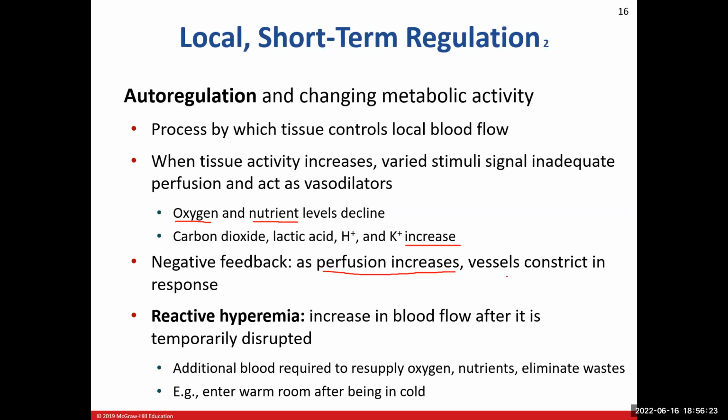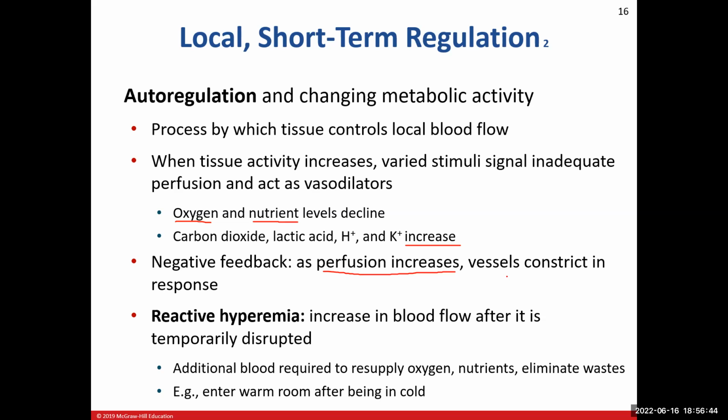Look at your thumbnail and then press down on your thumbnail for about 10 seconds and then release it. Now you'll notice initially when you take your finger away from the thumbnail, it looks white or light in color. Then immediately it turns red. This is what reactive hyperemia is, a small example of it.